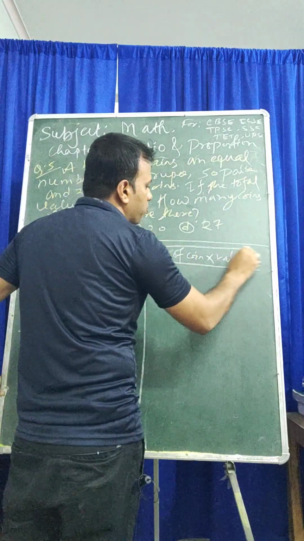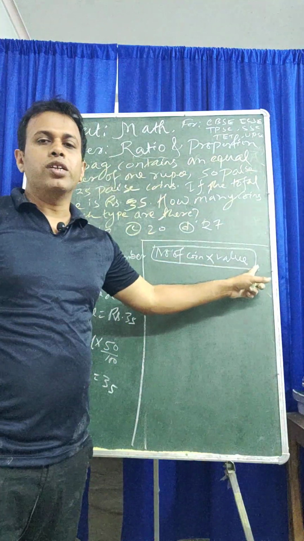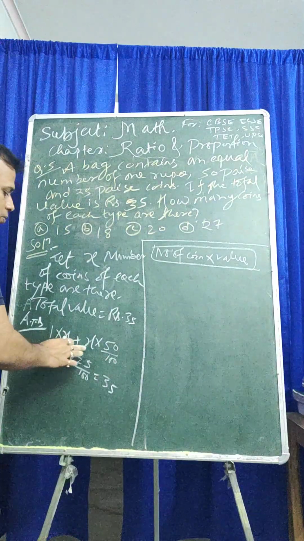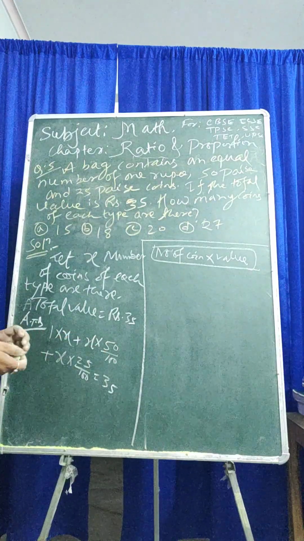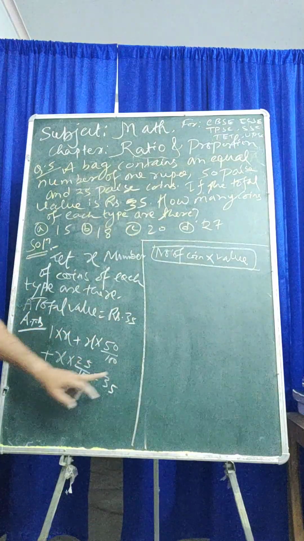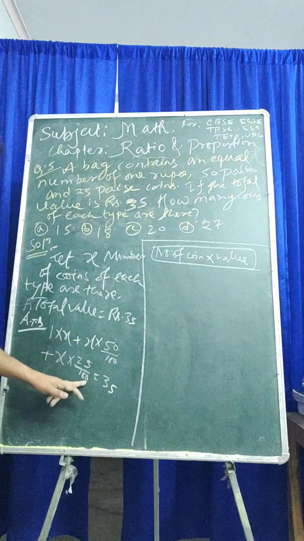And this value you have to always convert into rupees. So now 1 into x plus 50 paise, 50 paise means you have to convert into rupees, so 50 by 100, and 25 paise, x into 25 by 100 equal to 35.